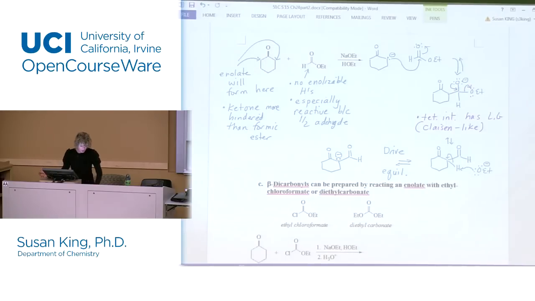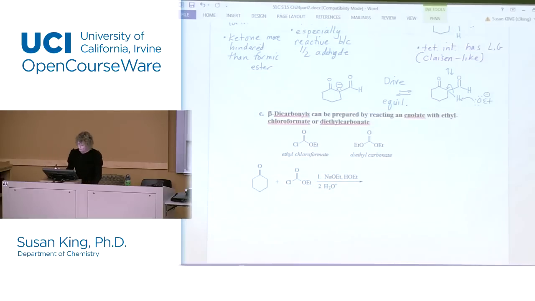All right, so third strategy here is going to be reacting enolate with ethyl chloroformate or diethyl carbonate. These guys are especially reactive. Both of these.